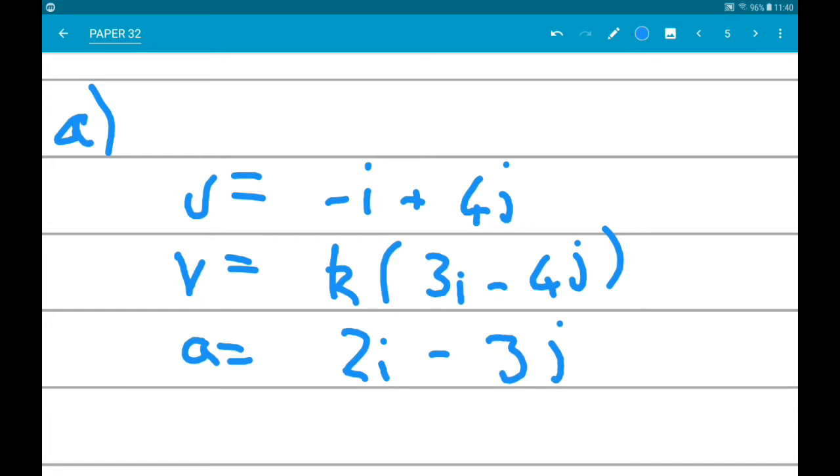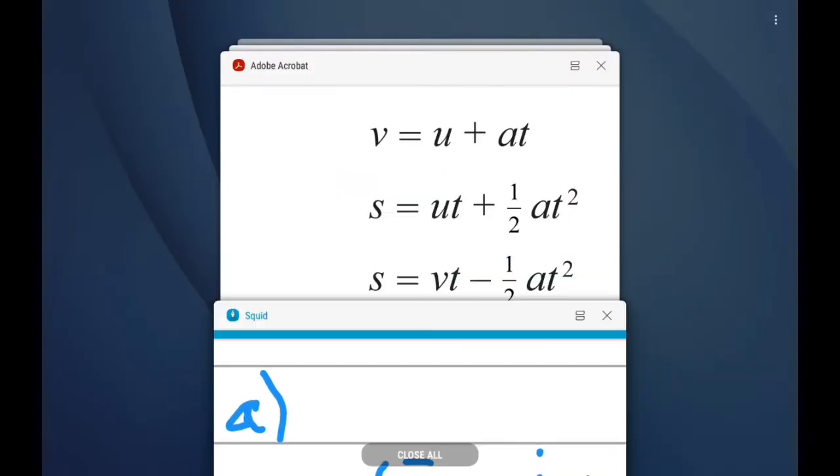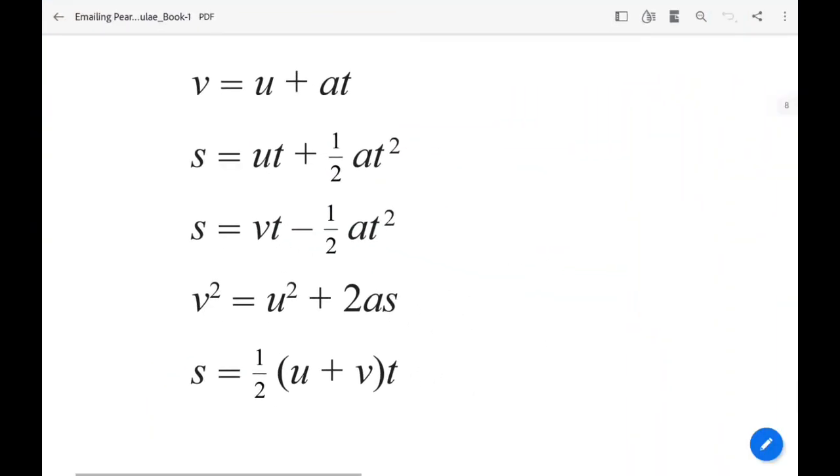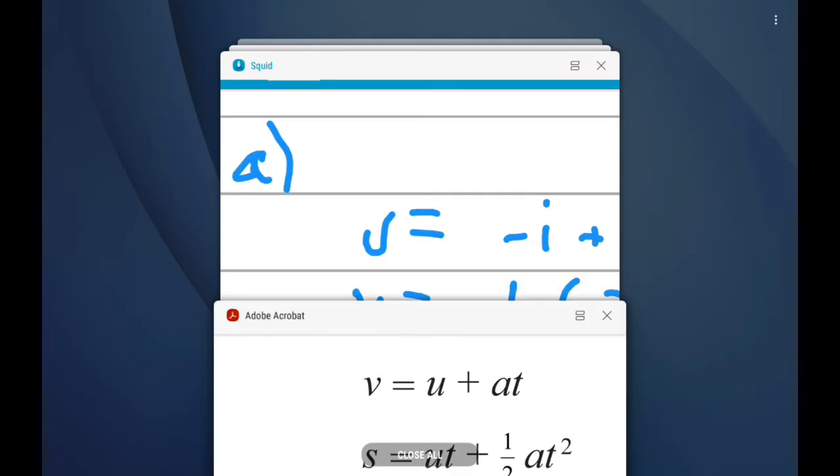Alright, so this is a job for suvat. So the one we are going to use is v = u + at.